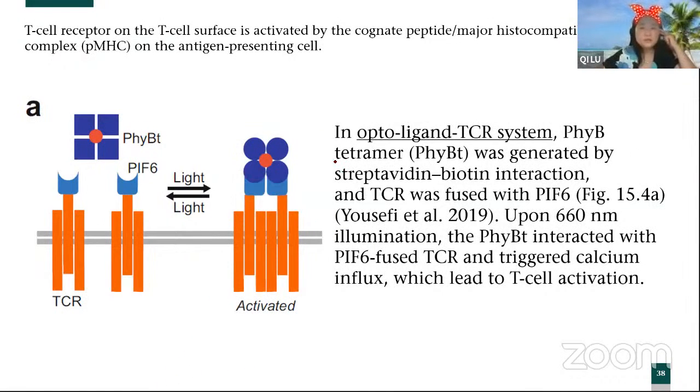Here the authors also introduced an optoligand TCR system. In this system, the T cell receptor system, the Fyn B tetramer will be generated often with light, then Fyn B will bind with PIF6, and the TCR receptors form closer together and are induced to segregate together.